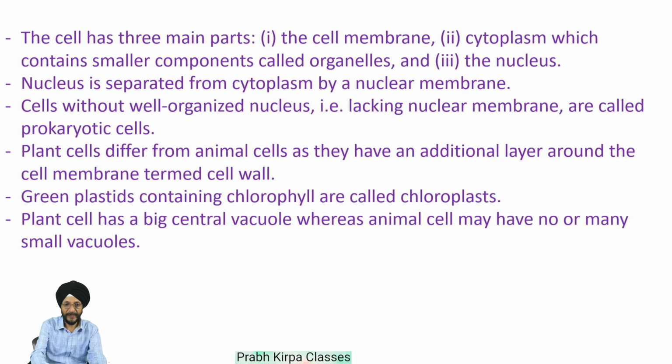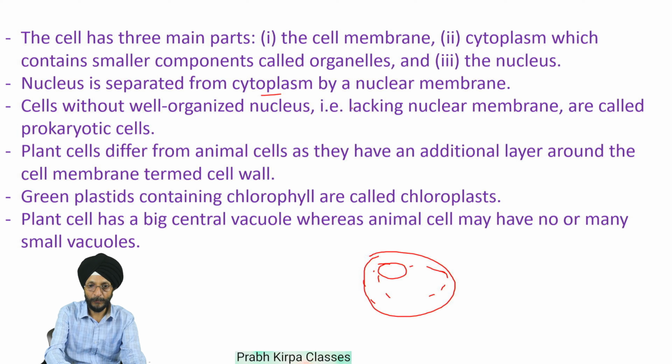The cell has three main parts, which is plasma membrane, cytoplasm, and nucleus. Nucleus is separated from the cytoplasm by the outer covering, which is known as nuclear membrane. Cells without well-organized nucleus, that is lacking nuclear membrane, are called prokaryotic cells.